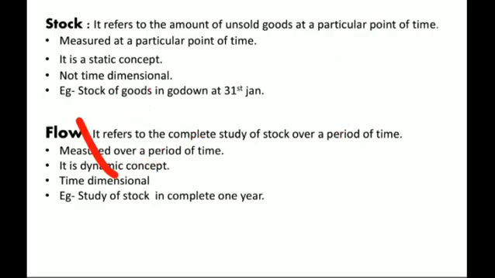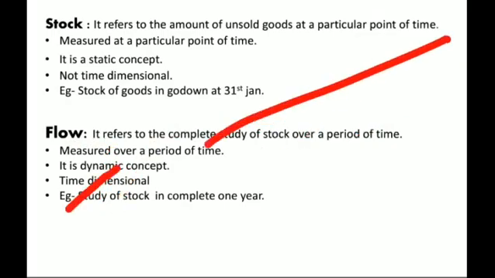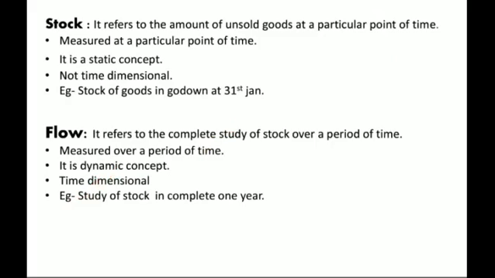So over a period of time it will be called flow, flowing from here to here like a river flows. So from morning to evening, or from month starting to month end, or year starting to year end. So it is a dynamic concept, because it keeps changing. Dynamic means changing.